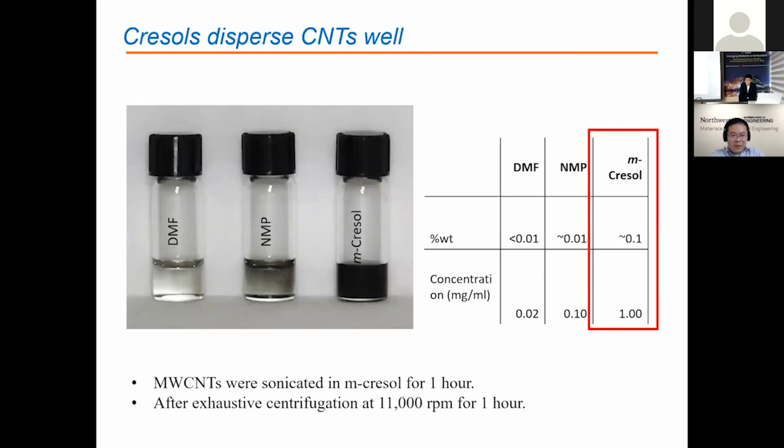Now, if you benchmark this with some of the most commonly used solvents out there, especially NMP and methylpyrrolidone, NMP is almost like the standard solvent people use now to process multi-wall nanotubes for battery making, right? If you want to use multi-wall nanotubes as a battery additive, you make an NMP paste and blend it with other particles. But if you look at the dispersion property, m-cresol clearly can disperse a lot more nanotubes than the other common solvents.